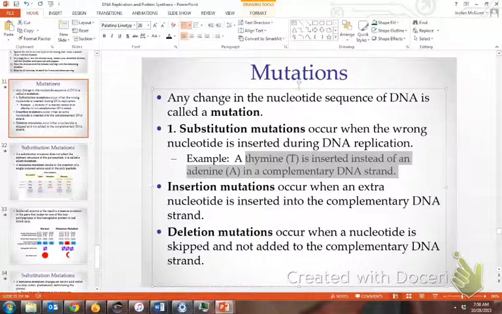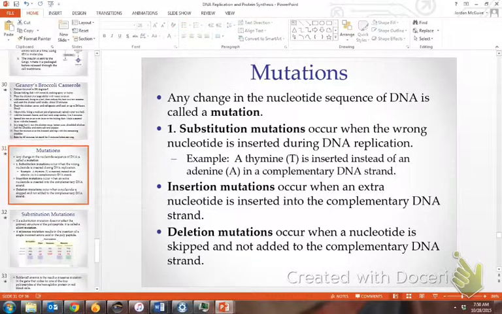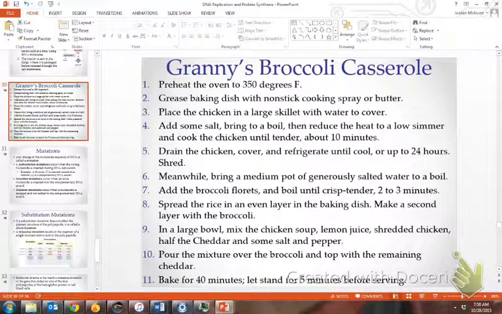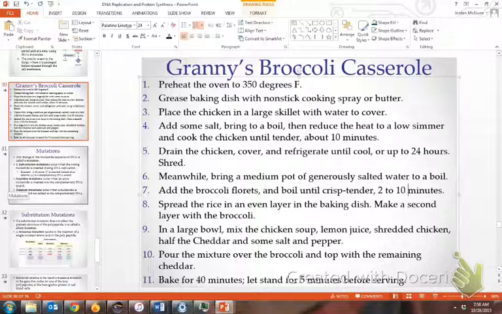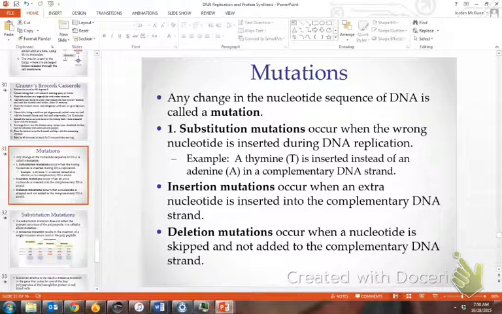For example, if it codes for an A, but you put a T in its place, that could mess things up. It would be like when I replaced this 3 with a 10. I mean, that could change things. It might not be dramatic, it might be, but that's a kind of a substitution mutation.